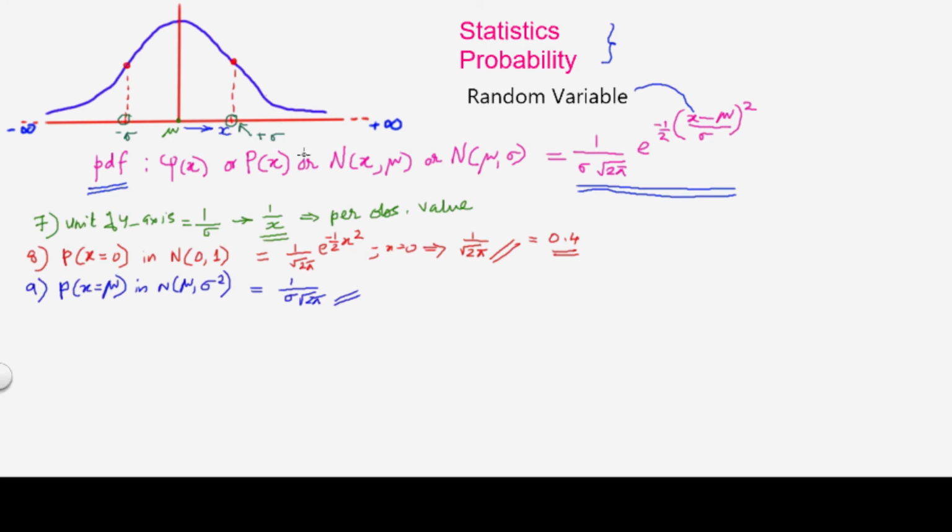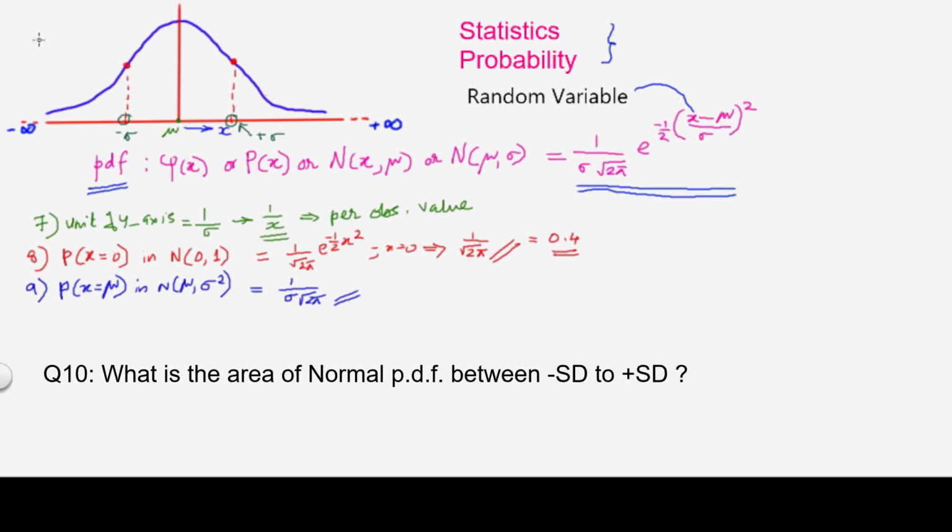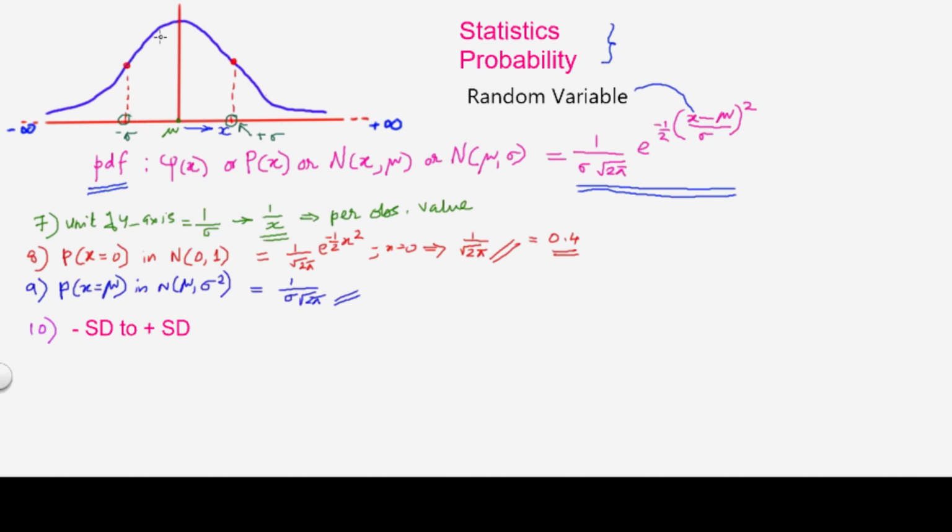These properties are generally not used in practical cases. Anyway, repeating, for academic purposes we can evaluate these values. And the 10th question: what is the area of the normal PDF between, that is this, you know the points of inflection also. So what is this area? That is the question. To explain that, you can write it out by integration, and people have presented direct results.